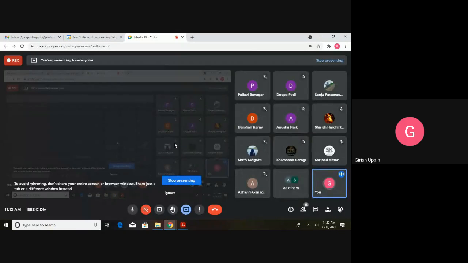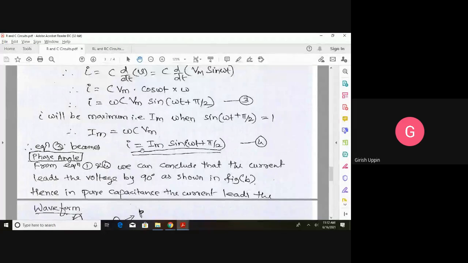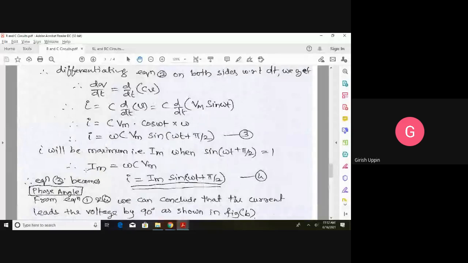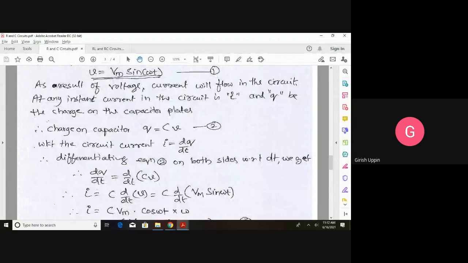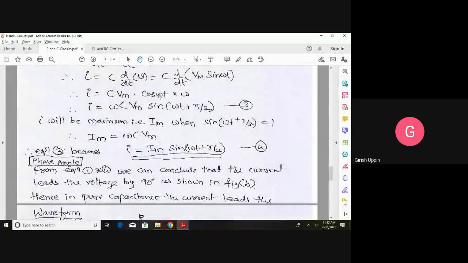All right. Now, this is the current equation, that is I is equal to Im sin omega t plus pi by 2. And from equation 1, V is equal to Vm sin omega t, that is nothing but the applied voltage, and we will compare the voltage with the current.